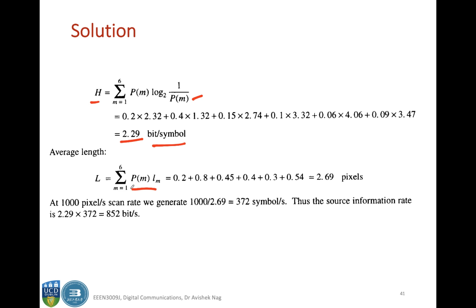So you can calculate the average length as 2.69 pixels. At 1000 pixels per second scan rate, we can generate about 1000 divided by 2.69, that is 372 symbols per second. So therefore the source information rate is 2.29 times 372, that is 852 bits per second.